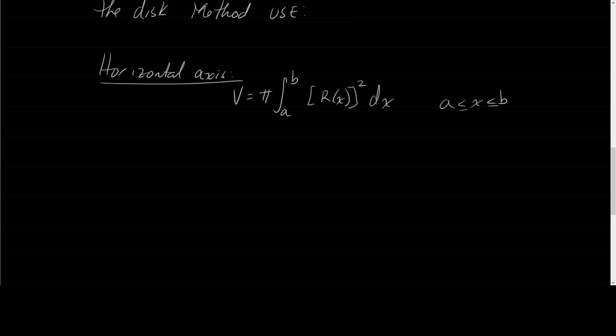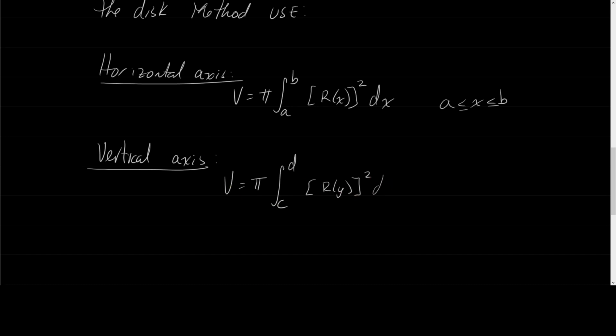For a vertical axis, the idea remains the same. We're just doing things vertically, so it's going to be things in terms of y now. So it's going to be the integral from c to d of r of y squared dy, where y is between not a and b, but c and d, my bounds.